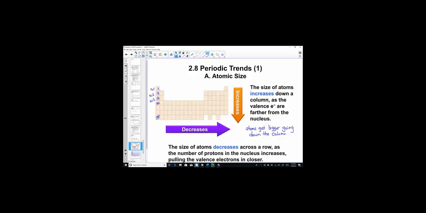All right. Now, as you go across a row, atoms actually get smaller as you go across the row. And the reason? We add more and more protons inside of the nucleus, and more protons inside of the nucleus means they're going to have a greater pull to the negative electrons. So the more positively charged the nucleus is within the same row, the tighter the attraction.